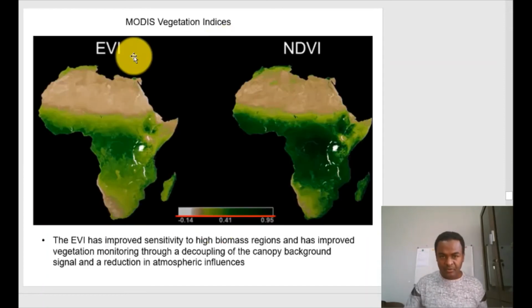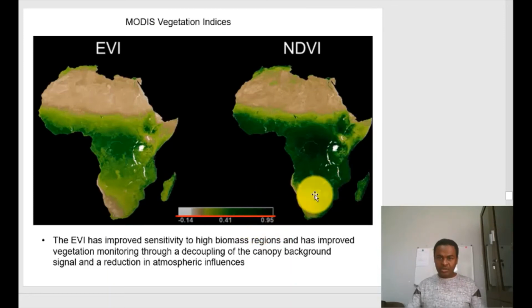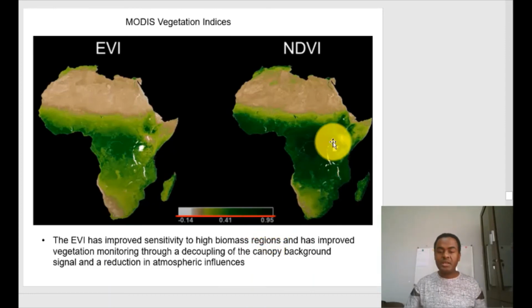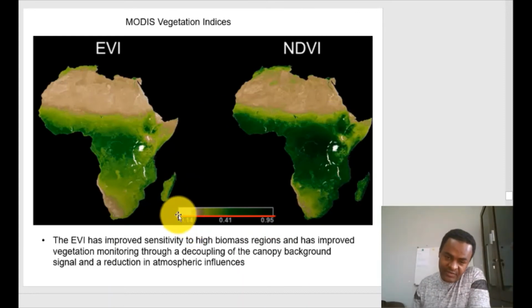This is an example of the enhanced vegetation index from MODIS satellite imagery, and NDVI. The higher the value, the better the condition. So a high NDVI value indicates a good condition, while a lower NDVI value shows you a dry condition.